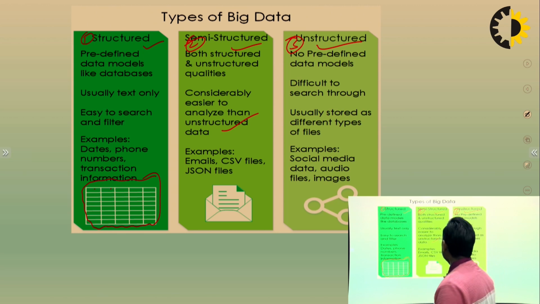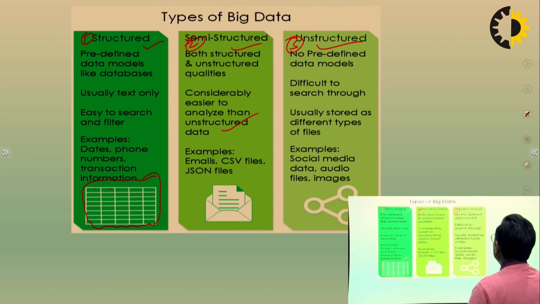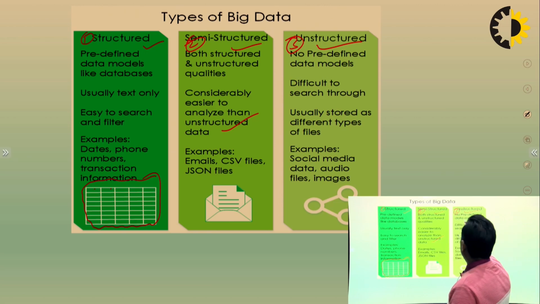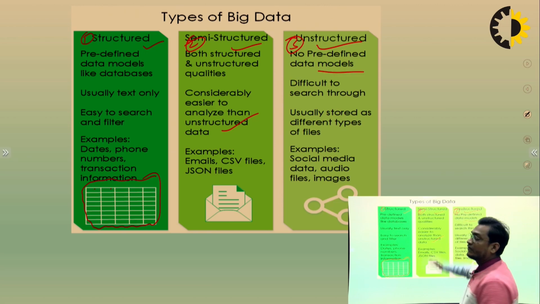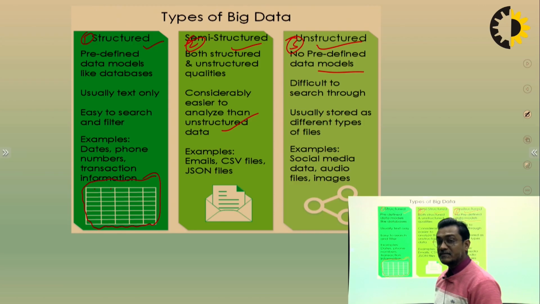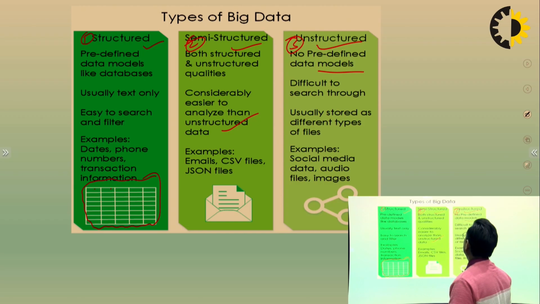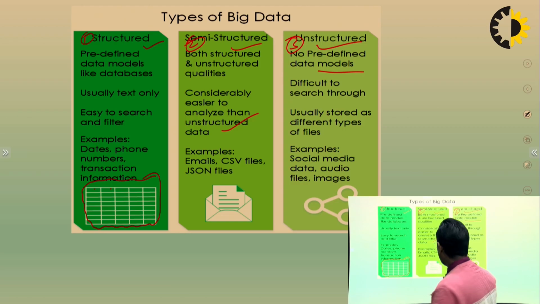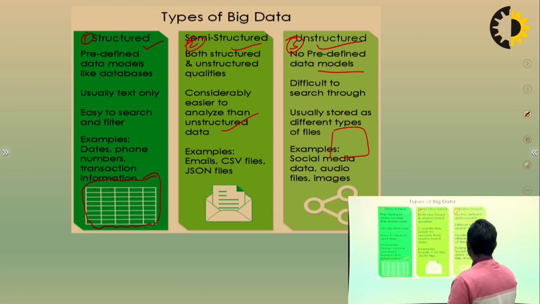Now, the third one is unstructured: no predefined data model. It means no methods are applied in unstructured big data. Data is not stored in the form of tables, rows and columns.